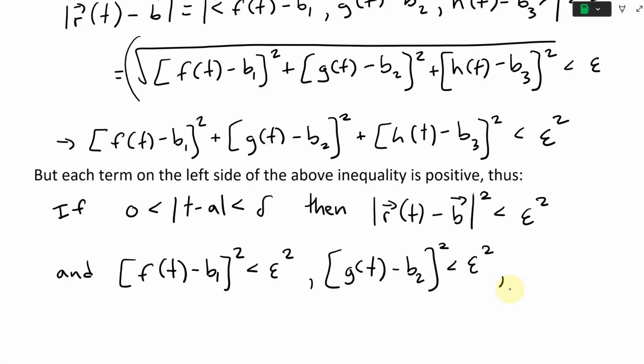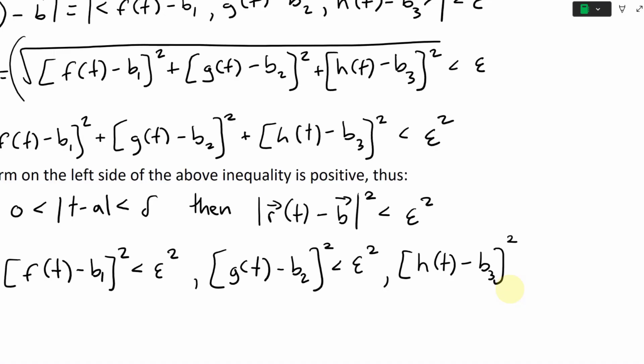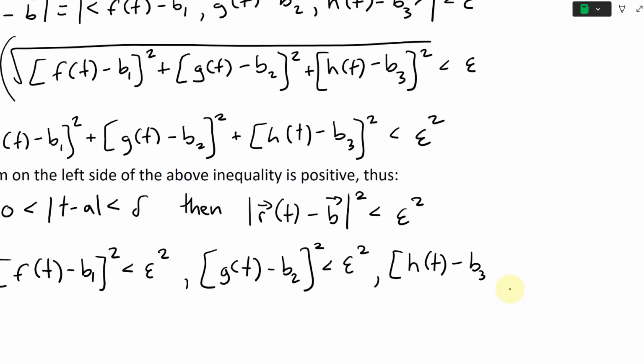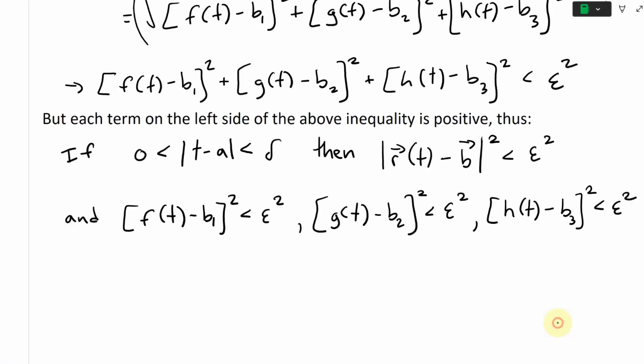And finally, this is going to be h of t minus b3 squared is less than epsilon squared. Here, I just shrunk those inside here.